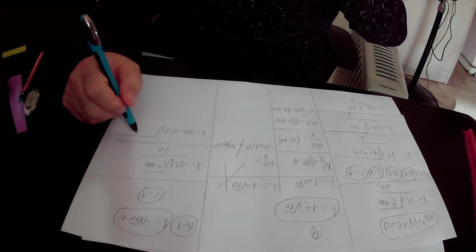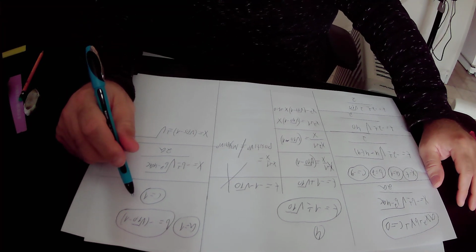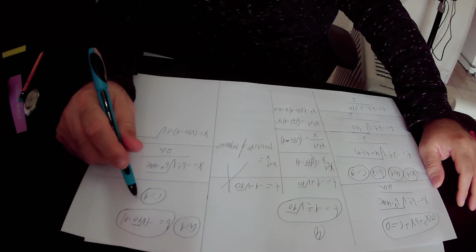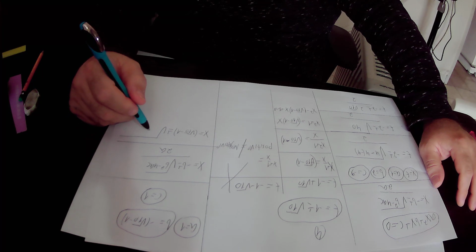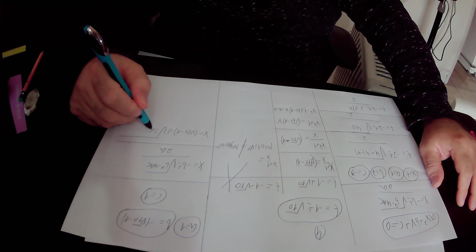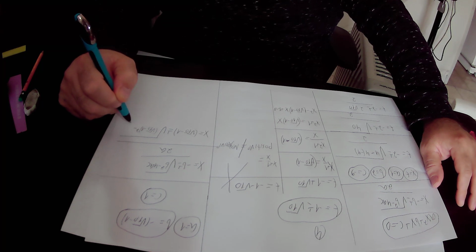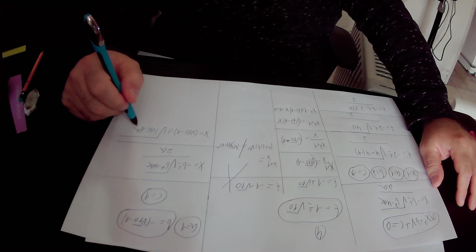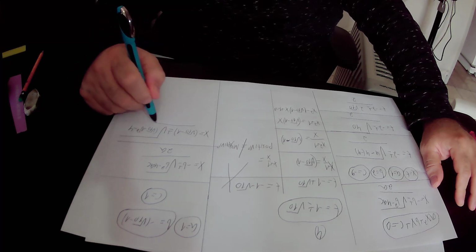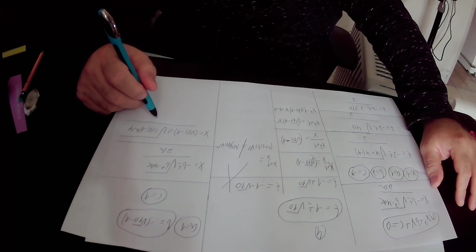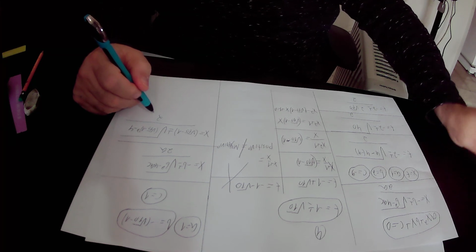B equals minus square root of 10 minus 1, so it is actually square root of 10 minus 1 squared. Minus 4 times a times c. A is 1, c is 1, so it is minus 4. All divided by 2. 2 times 1 is 2, so 2a is 2.